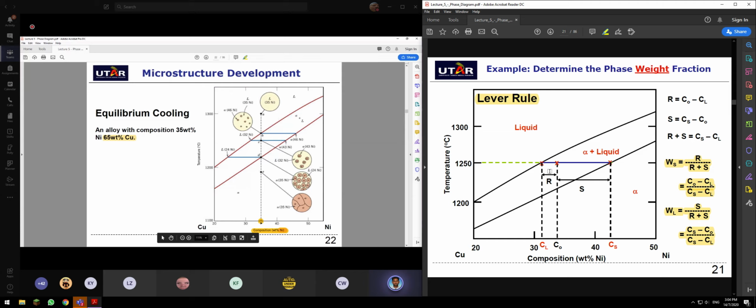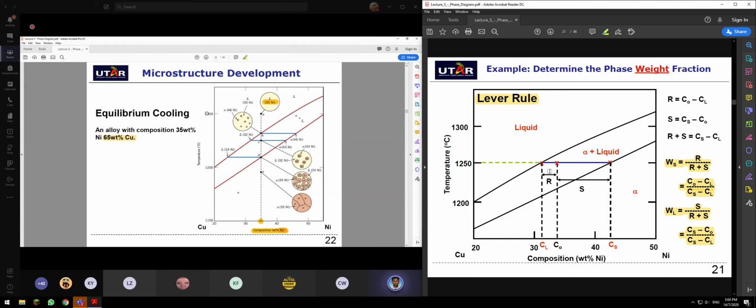So they say that at first, in a liquid state, the nickel percentage is 35. We have only one phase, which is the liquid phase. In the liquid phase, it is 35 weight percentage of nickel. All right.